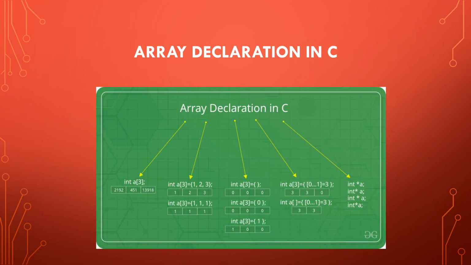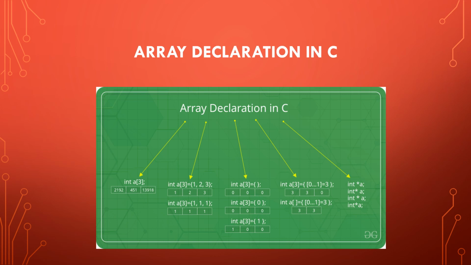Array declaration in C can be done in 5 ways. The picture shown below shows all 5 ways. In the first way, it is the return type, array name and size, and the blocks in which it is stored have the addresses of the particular blocks.